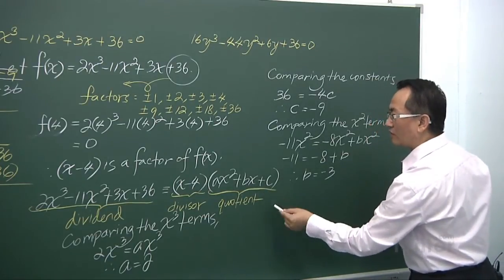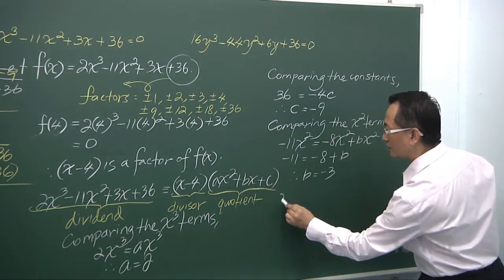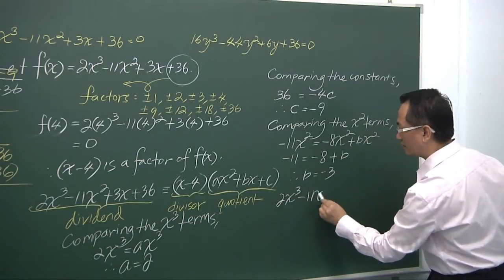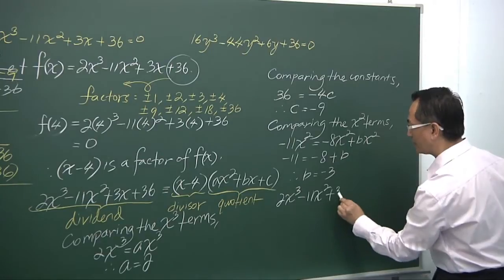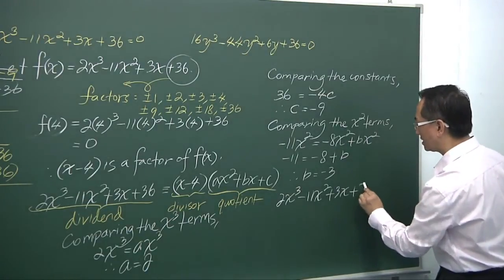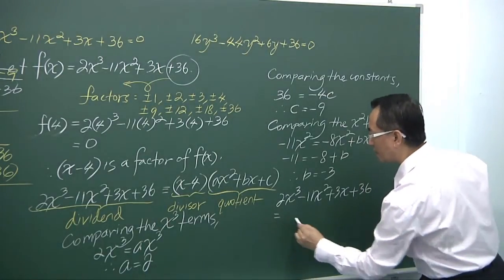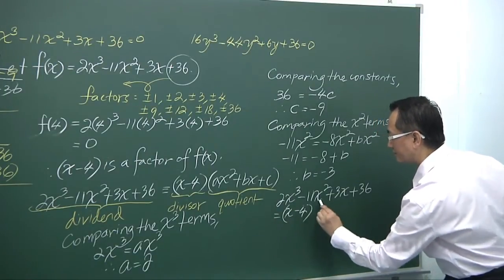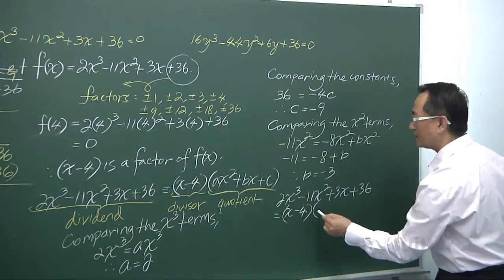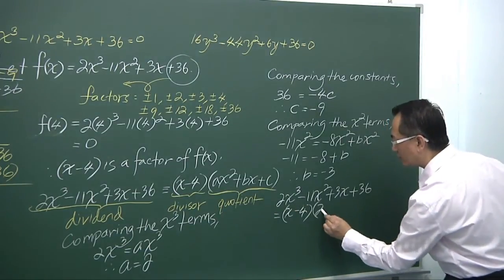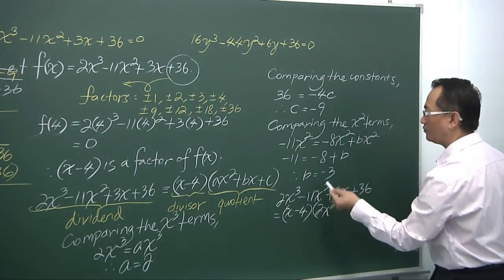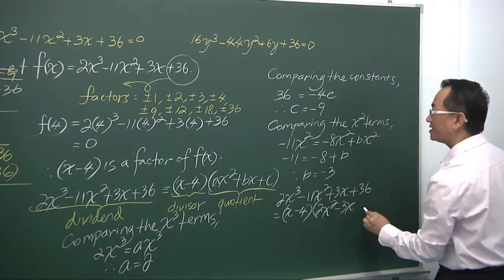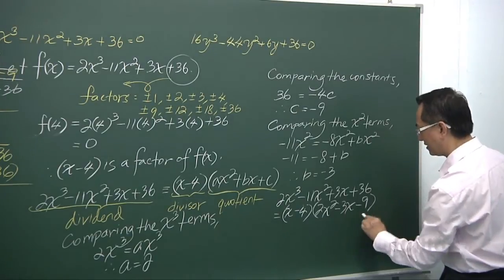So you can see the 2x cubed minus 11x squared plus 3x plus 36 is actually equals to x minus 4 times the a is found 2x squared, and the b is negative 3x, and the c is negative 9.